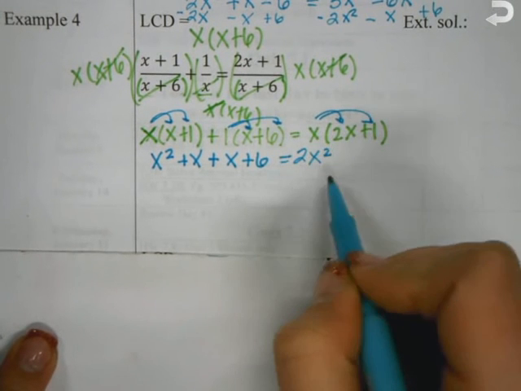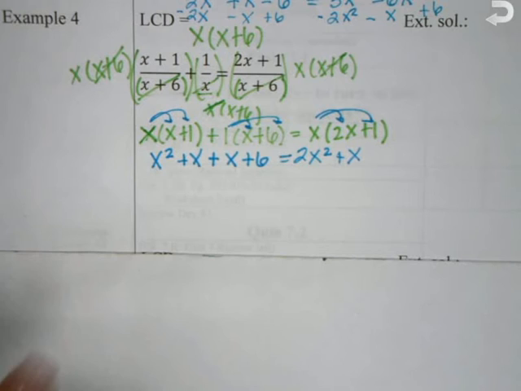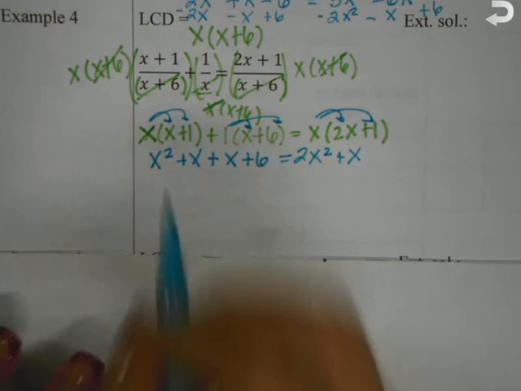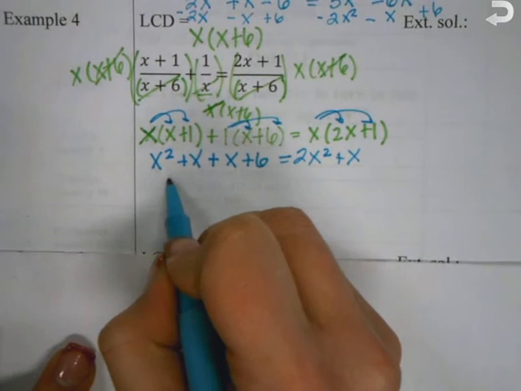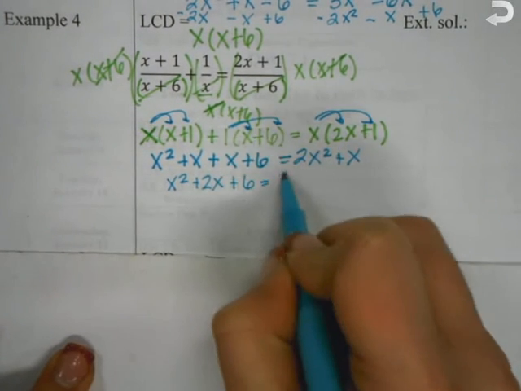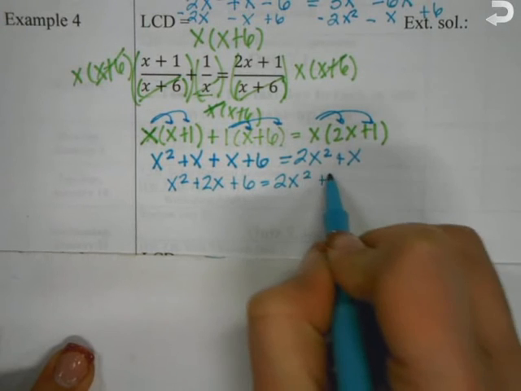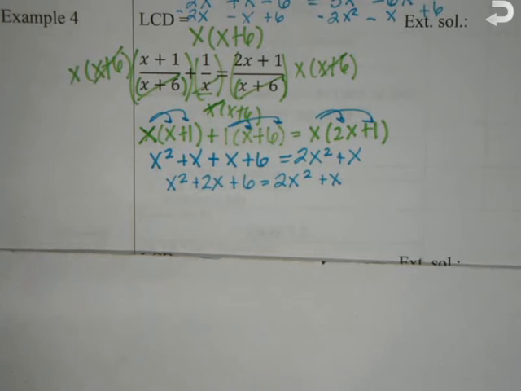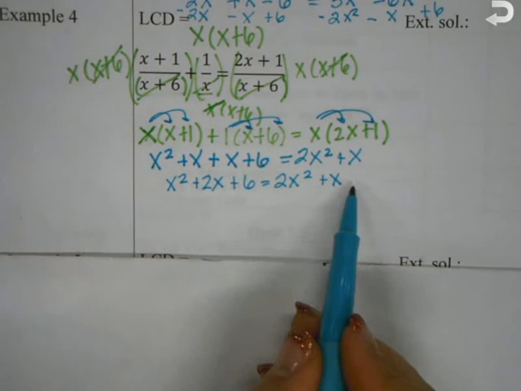And we want to get everything over to one side. So will I subtract the 2x squared plus x, or will I subtract the x squared plus 2x plus 6? The long one. We're going to subtract the long one on the left, minus 2x minus 6, so that my x squareds are going to stay positive.